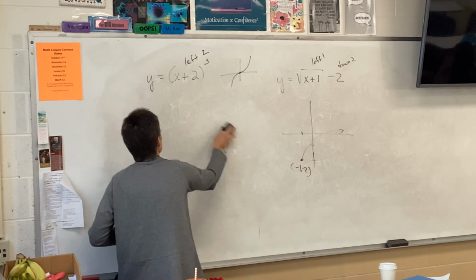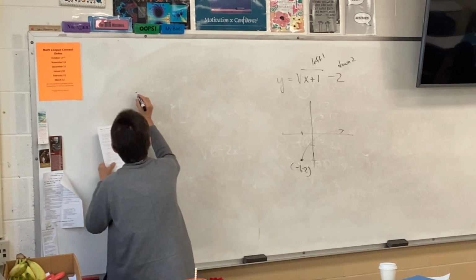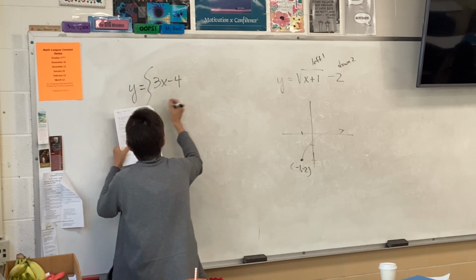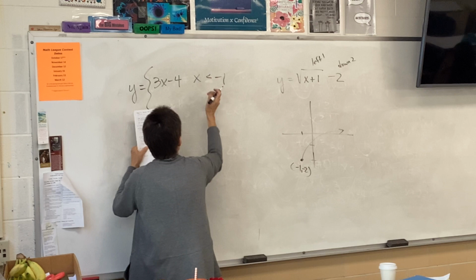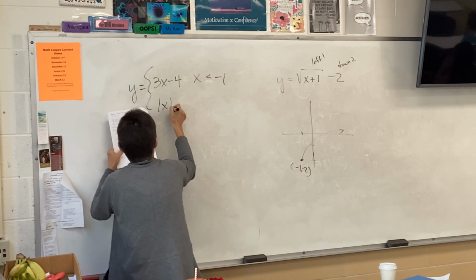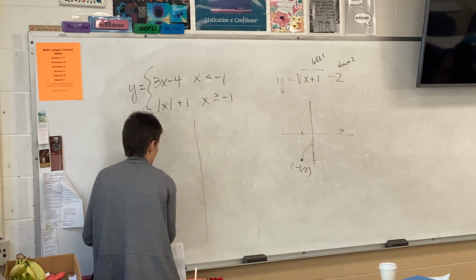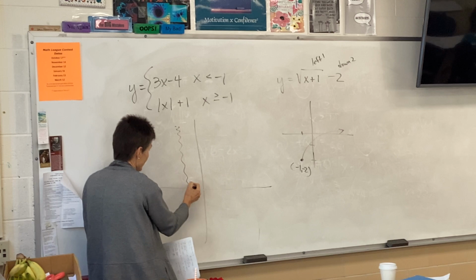Okay, now we have our piecewise function, so we've already done one of these today. Let's try this one. Y equals 3x minus 4, and x plus 1. Okay. So this time I'm not gonna forget, I'm gonna go ahead and put my break right here at -1.